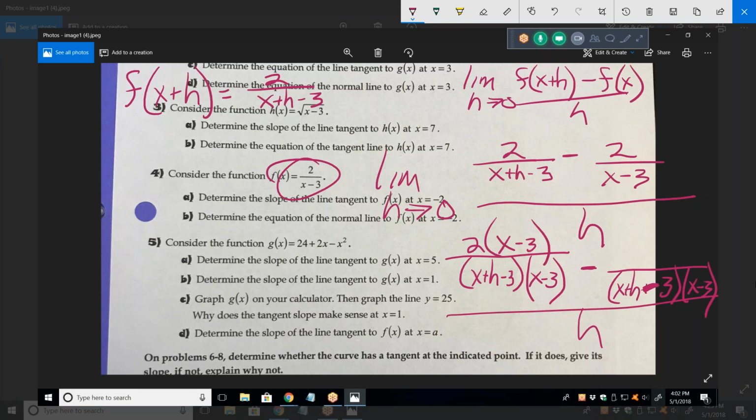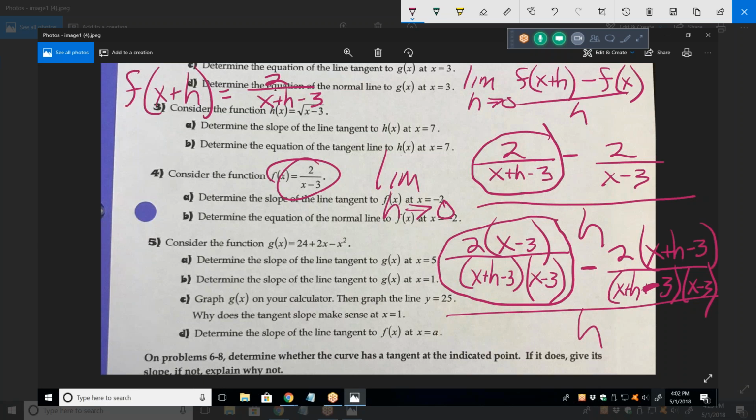One of the reasons you don't multiply out the bottom is to make sure you don't make a mistake. Is that the same as that? Yes, you just cancel the x minus 3 over this x minus 3, and I got what I started with. Now over here on the right, we've got the x plus h minus 3.